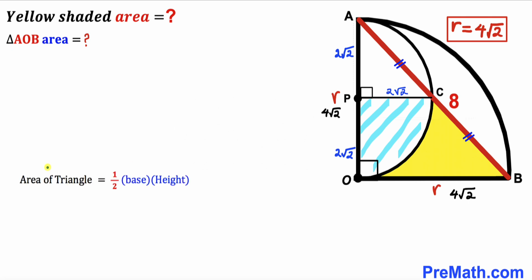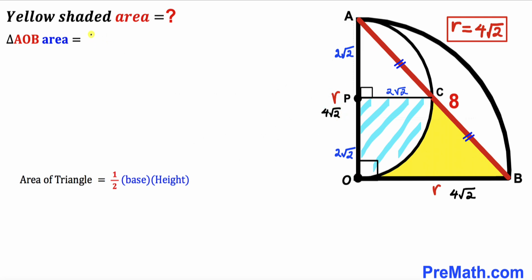Let's recall the area of a triangle formula. Area equals a half times base times height. In our case, the base of this triangle AOB is 4 times square root of 2, and likewise the height is 4 times square root of 2 as well.